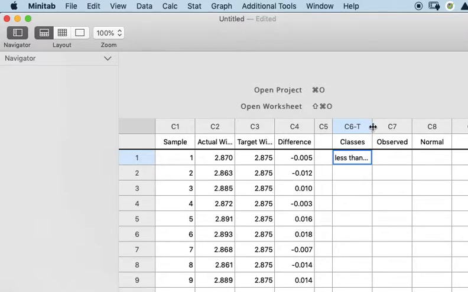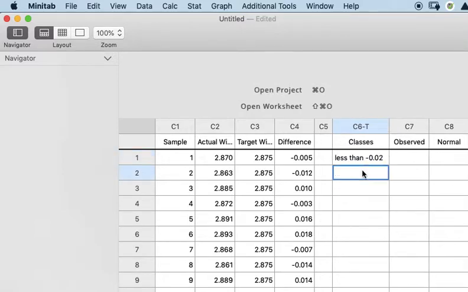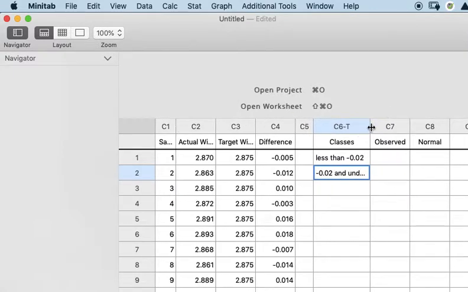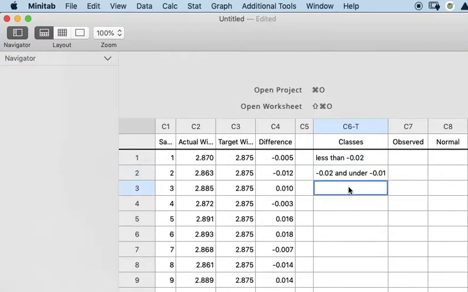My first class is going to be less than negative 0.02, then negative 0.02 and under negative 0.01, negative 0.01 and under 0, 0 and under 0.01.